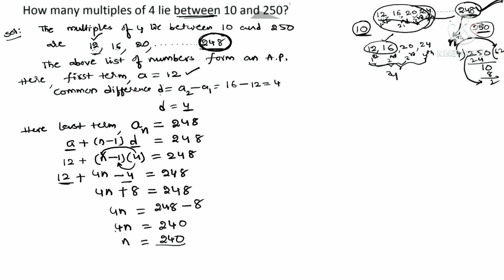4 is multiplying, if you transpose, it will divide. 4 how many times? 4 one time. 4 sixes are 24, so 60. So that is why this 248 will be which numbered term? n is equal to 60. n is equal to 60. So that we can tell that there are totally how many multiples of 4 lie between 10 and 250?